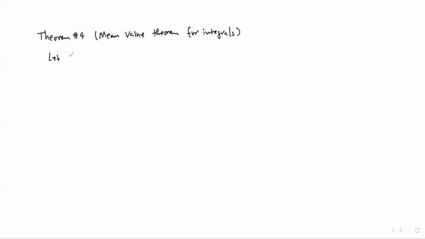This theorem says that let U and V be two continuous functions on a closed interval AB.